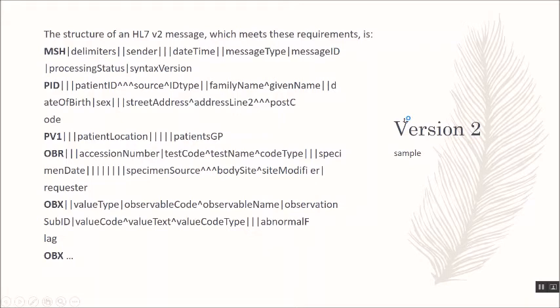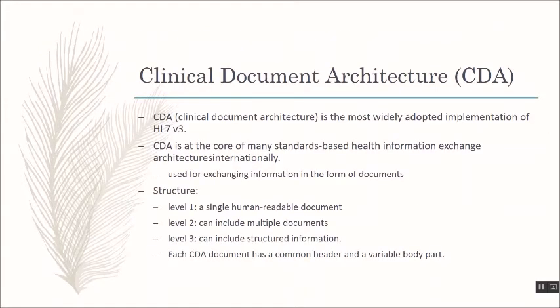Now let's look at the next page, which is the next topic, the Clinical Document Architecture, CDA. CDA is the most widely adopted implementation of HL7 version 3. It is the core of many standards-based health information exchange architectures internationally, used for exchanging information in the form of documents.